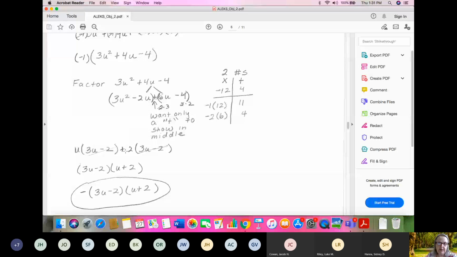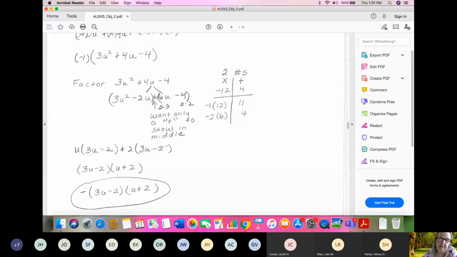So what I did up here is I took the 6 and lightly crossed it out and replaced it by 2 times 3 because that is 6. And then I crossed out the 4 and replaced it by 2 times 2 because 2 times 2 is 4. What I'm trying to do is get some commonality here. Figure out what they've got in common, and make sure I figure out the most they have in common.